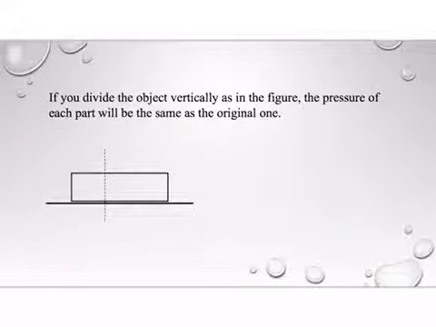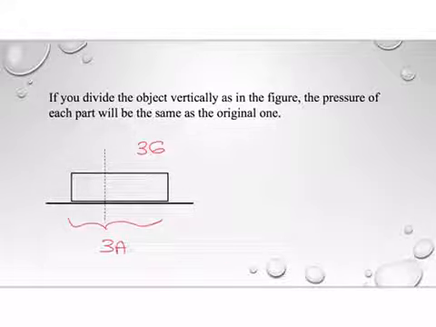If you divide the object vertically as in the figure, the pressure of each part will be the same as the original one. Let's say this object has a weight of 3G with a base area of 3A. I divide it into G and 2G parts.